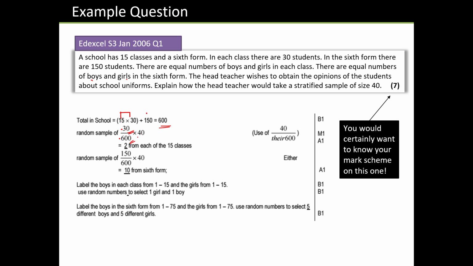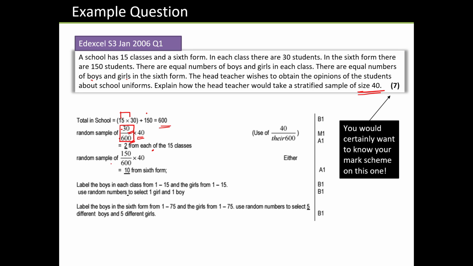Why are they timesing it by 40? Times it by 40 because that's the desired sample size. So this is one way of doing it. You're saying how much of the whole school does each class have? So a 20th of 40. That's going to give you that number for your 2 that you want. This bit is only about the classes. It's not about the sixth form.